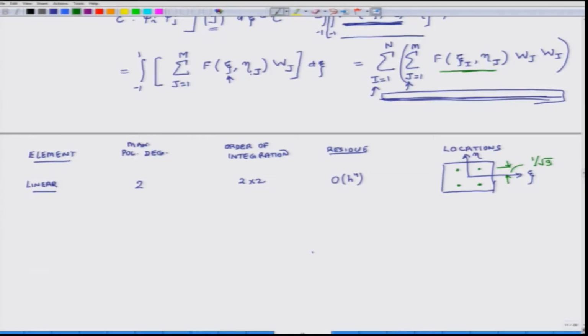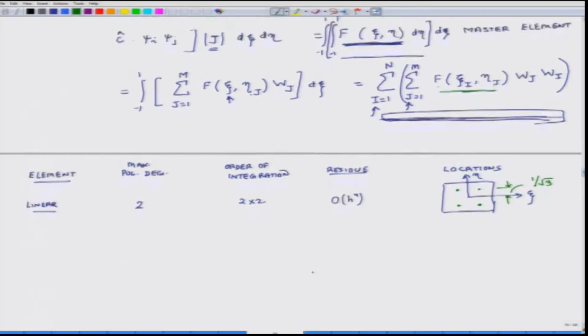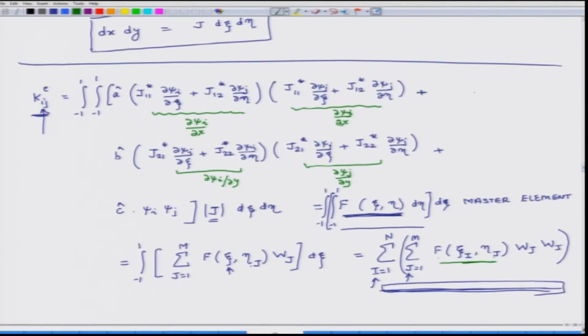So I evaluate the value of f at these 4 points. I know the coordinates of these points, I have specified it in this picture. I evaluate this f because I know everything in this expression.